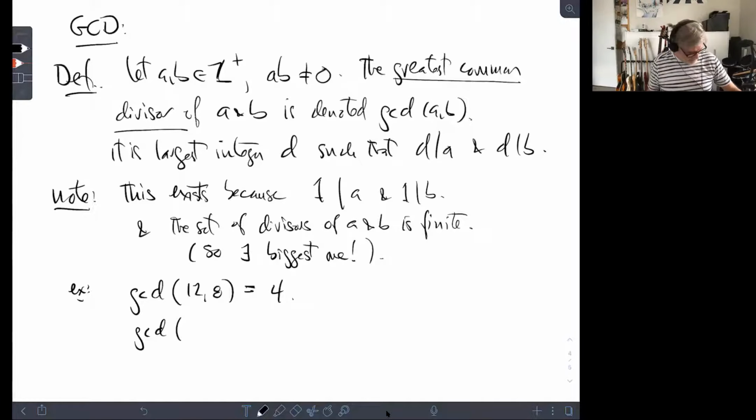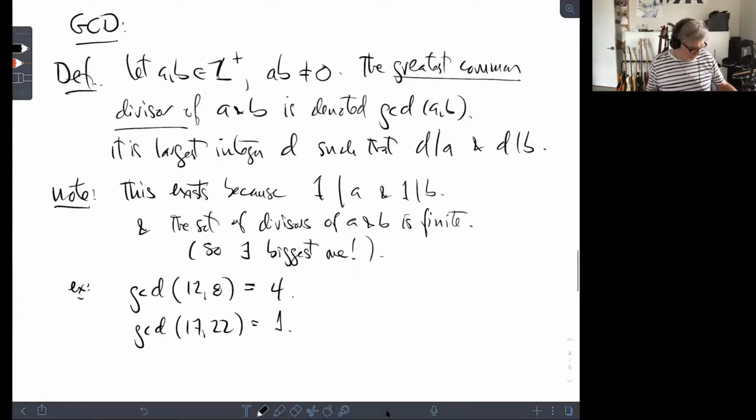GCD of 17 and 22. Well, 17 is prime, so its only divisors are 1 and 17, and 17 doesn't divide 22, so that's got to be 1, right? So that's something that can happen, and in fact, it's important enough to get its own name.